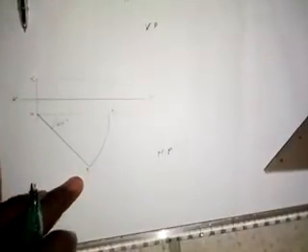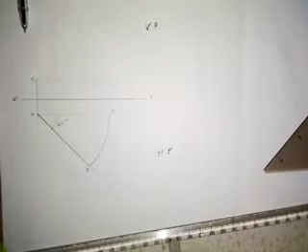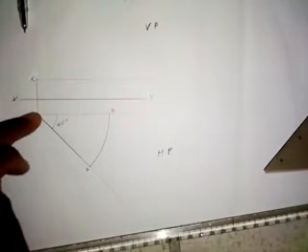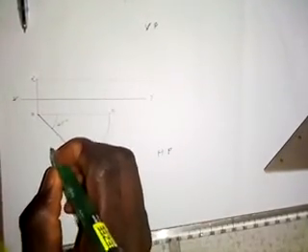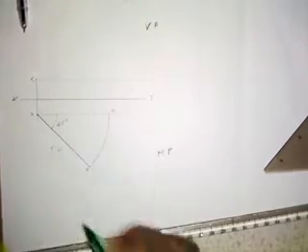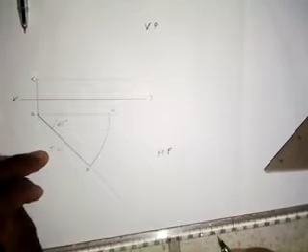So this is line AB, and this line AB is the true length of the line that we are given. This line AB is the top view of the line that we are asked to produce its projection. So take note of this.